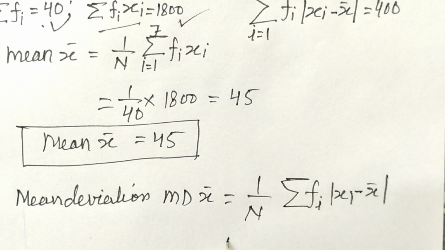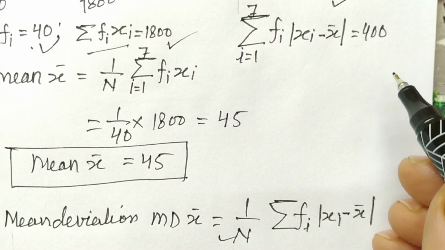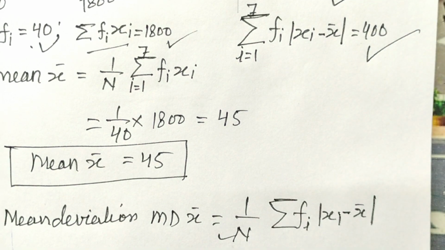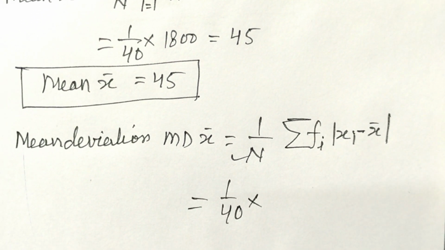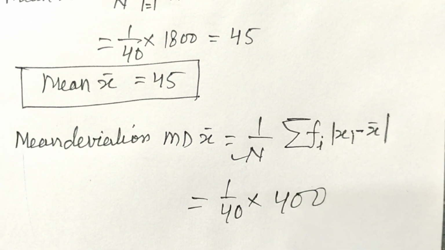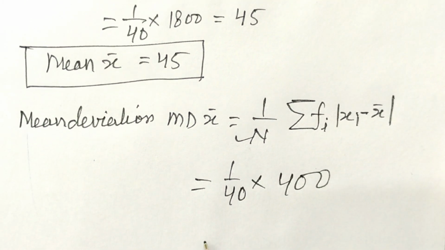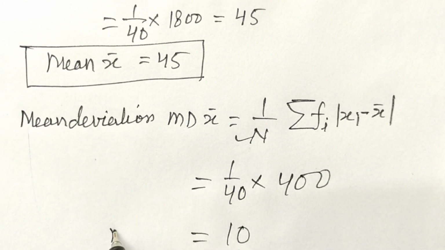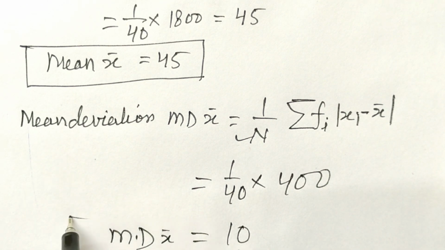So 1 over 40, n is 40, into this value 400, right? So our answer will be 10. So mean deviation is equal to 10.